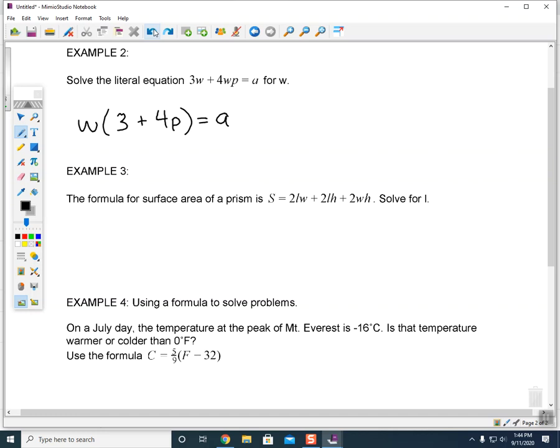I do need to divide something. Close. This whole thing, 3 plus 4p, is one piece. It has parentheses around it, it's grouped together. So what I can do is divide both sides by 3 plus 4p.